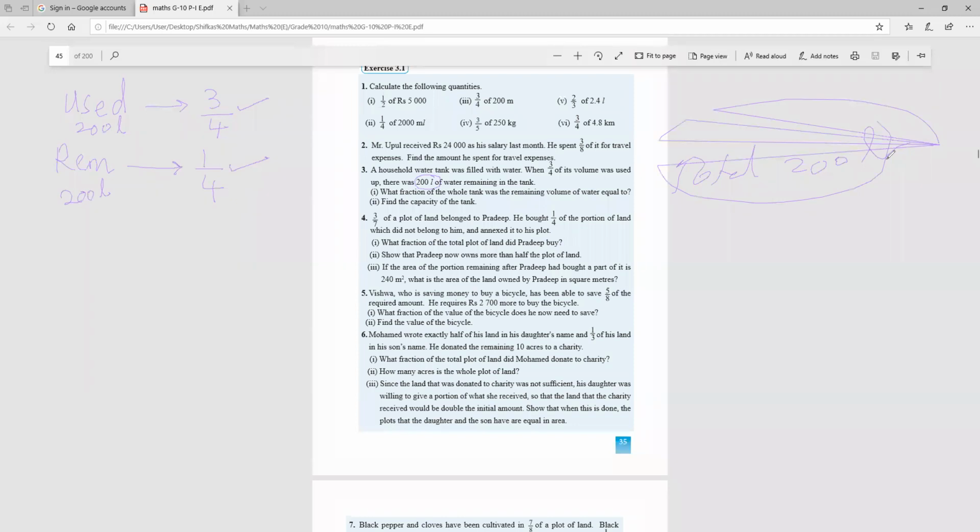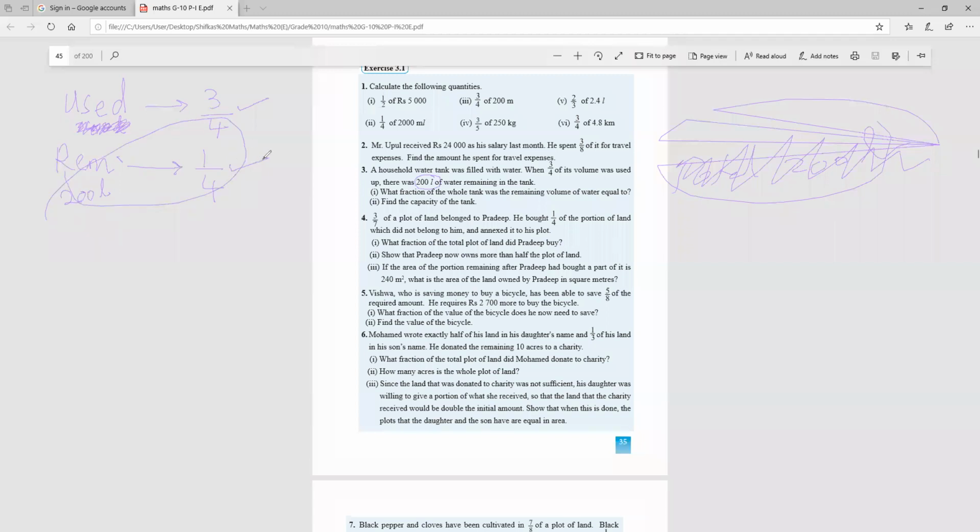Remaining. If it is total, what is the symbol we can use? Multiplication. Is total given? No, this is not 200 liter, that is wrong. This is also not 200 liter. Only the remaining is 200 liter.